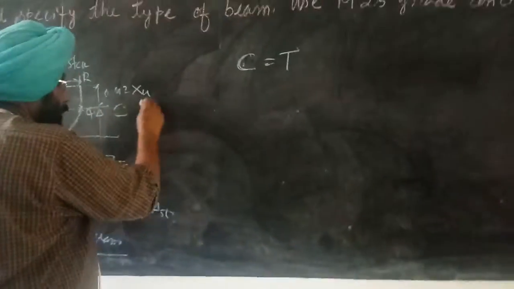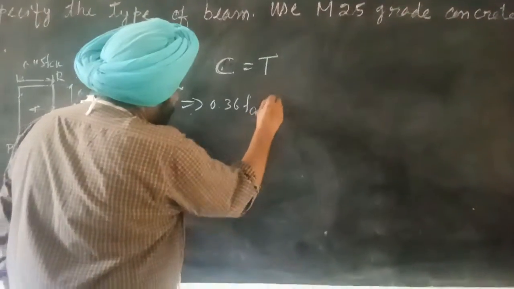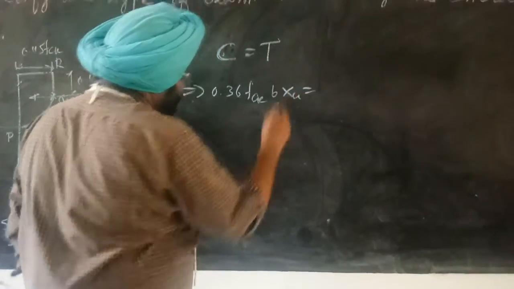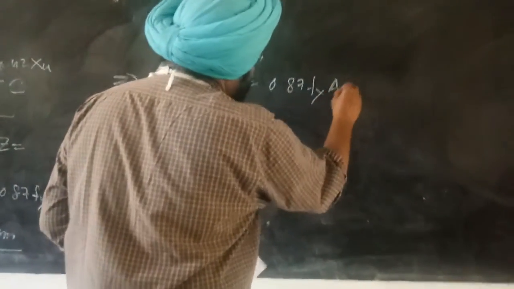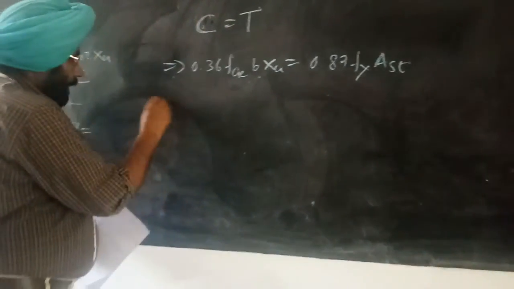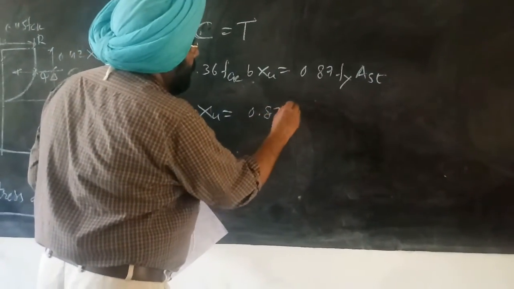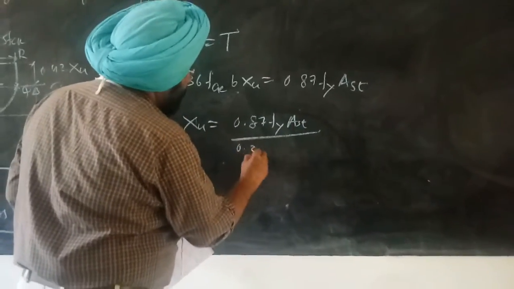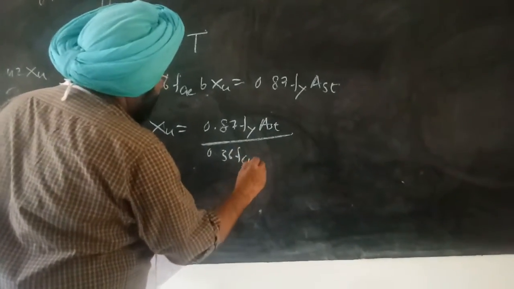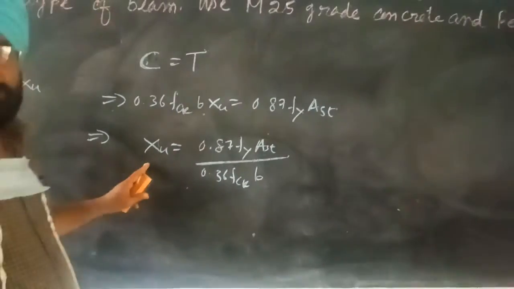So C is equal to 0.36 fck b xu and the resultant tensile force is 0.87 Fy Ast. So it means xu is equal to 0.87 Fy Ast upon 0.36 fck b. This is the formula to determine the depth of the neutral axis.